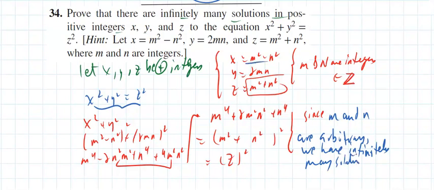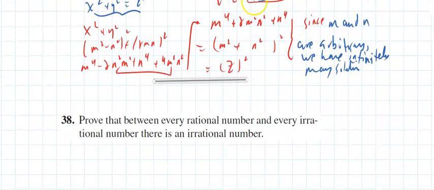And why is that? Well, there they are. That's what m and n are. They could be any of those integers. So the possibilities of m and n are limitless. Oh, that's very good. It's right there.